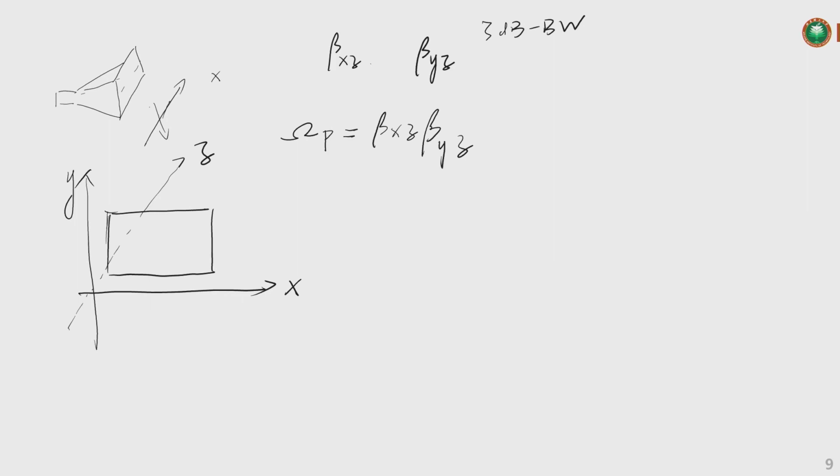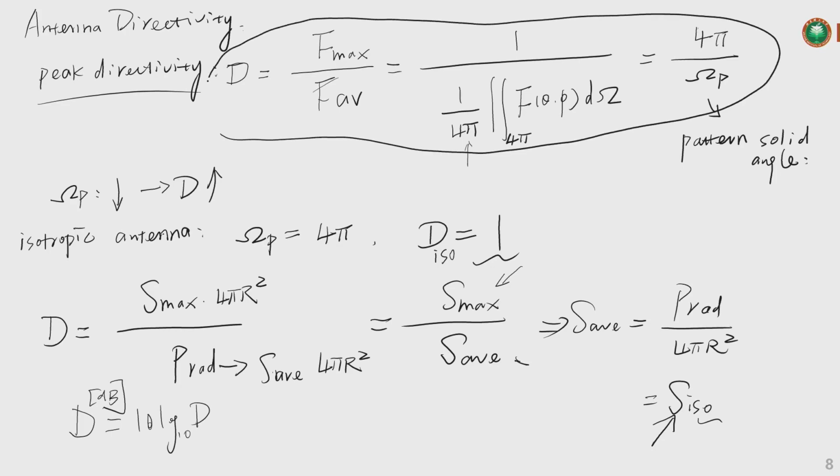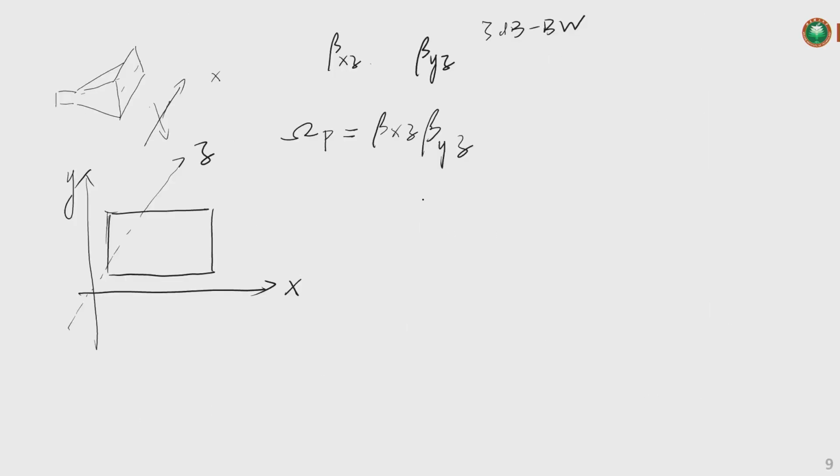So when we come back to the expression for the directivity, this is 4 pi over omega p. Omega p can be represented by these two parameters.